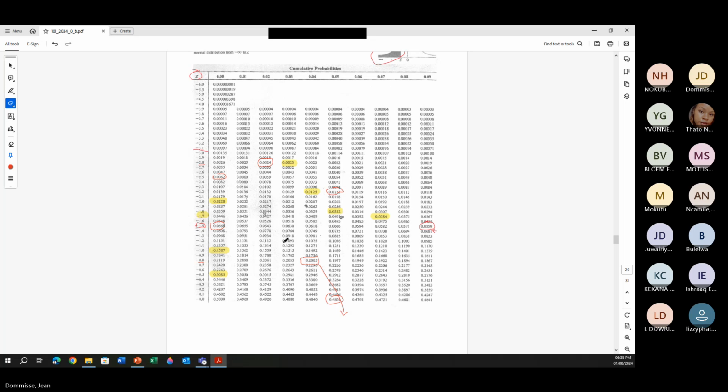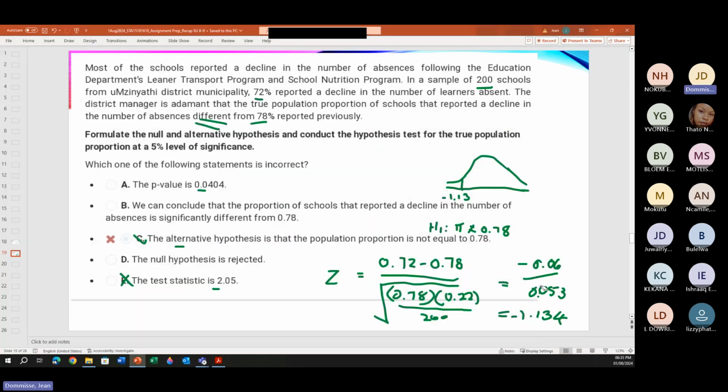Oh, why does this feel wrong? So let's see where I made a mistake here. This does not feel correct. 0.72 is right. So let me just check this again. 0.78 times 0.22 divided by 200. Take the square root of that. Okay, that is a different number.